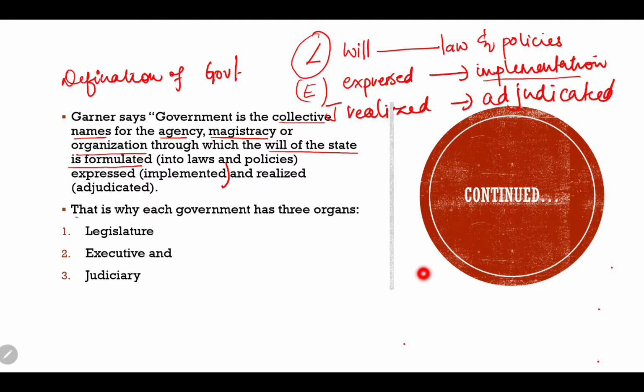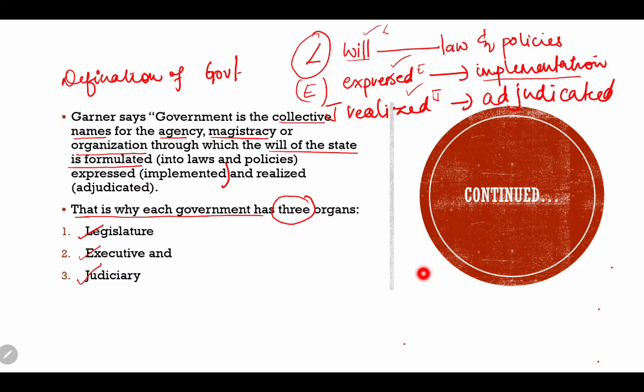That is why each government has its own three organs: legislative, executive, and judiciary. So these words also resemble the same thing. Will resembles legislature, express means executive, and realize means judiciary.